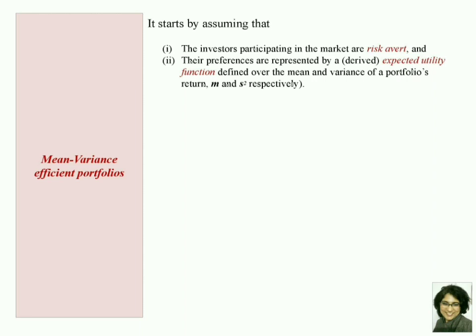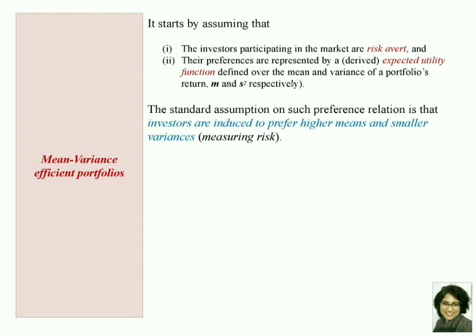Now this mean is M and variance is S square. The standard assumption on such preference relationship is that the investors are induced to prefer higher means and smaller variances, and this variance measures the risk.